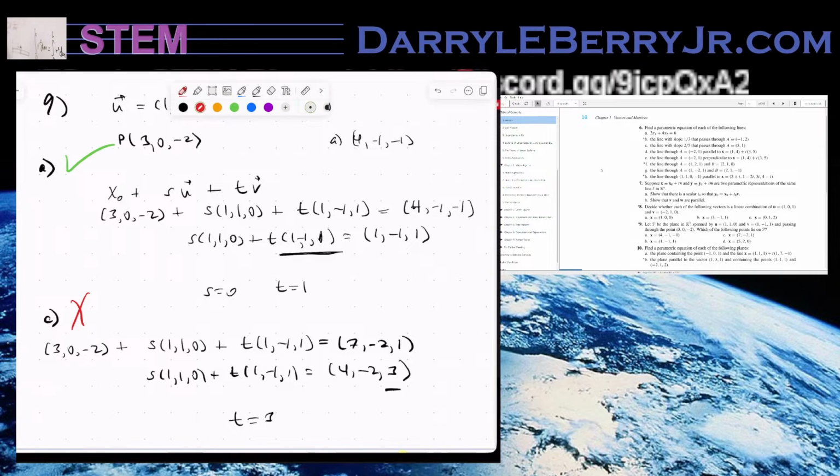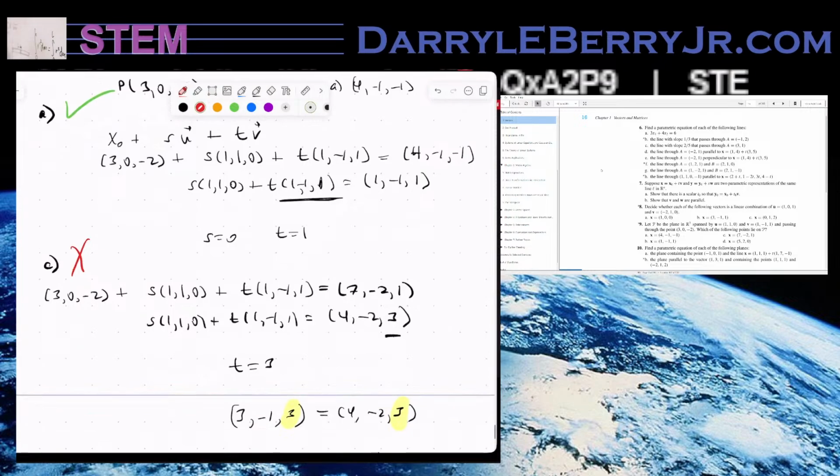We have 3, 0, negative 2, 1, 1, 0, 1, negative 1, 1. I bring that to the other side. This is going to be 7 minus 3, 4. Negative 2 minus 0 is 0. 1 plus 2 is 3. And I said that t equals 3 since it has to have a 3 for the third number.